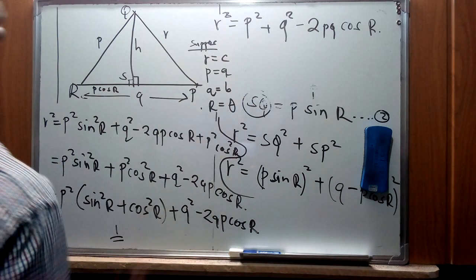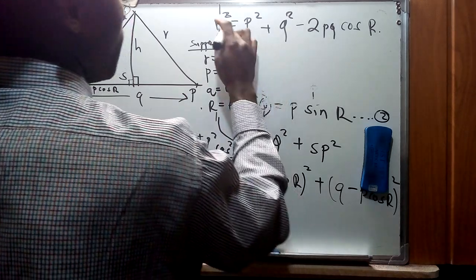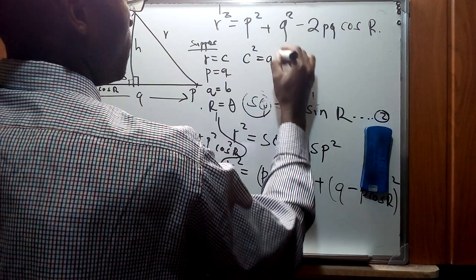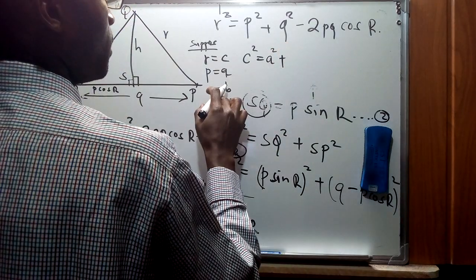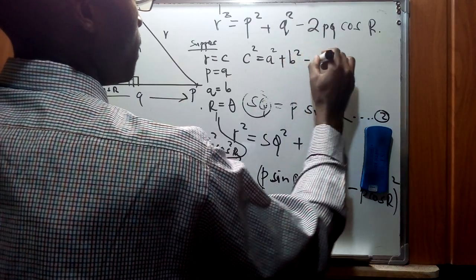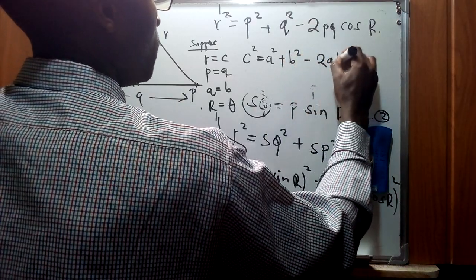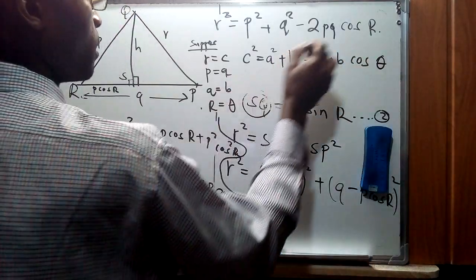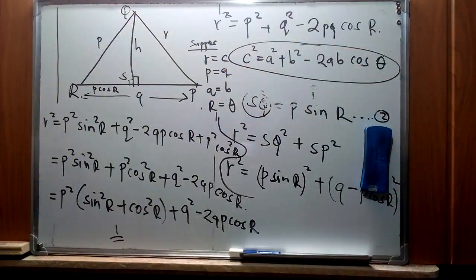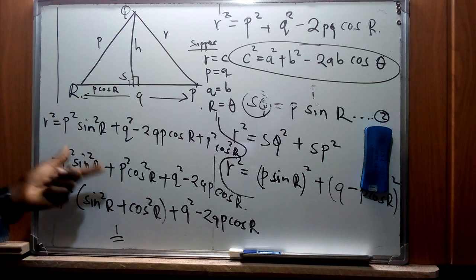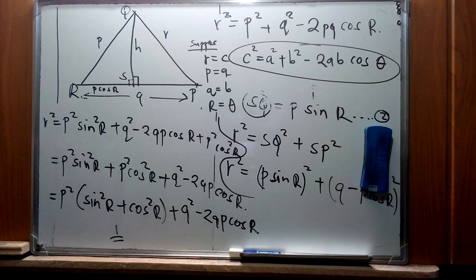So suppose this is the case, then we represent this formula as c squared equals a squared plus b squared minus 2ab the cosine of R, which is angle theta. So this specific formula is what we call the cosine rule. Using this set of triangles, we can illustrate that the cosine rule is applicable.